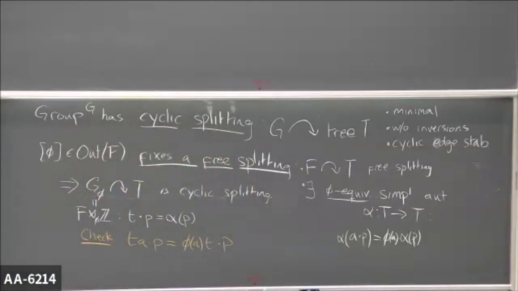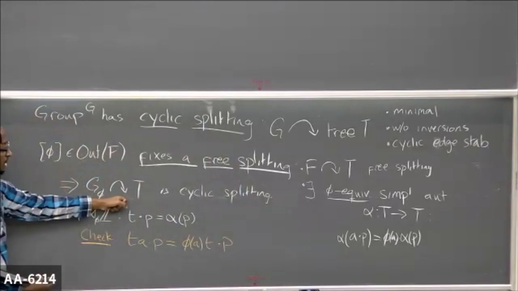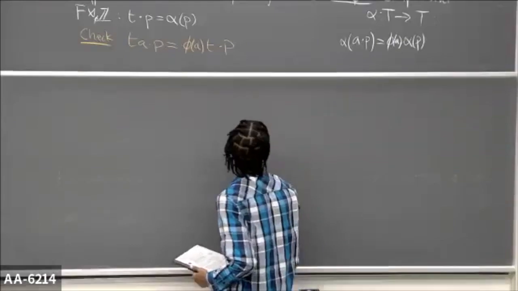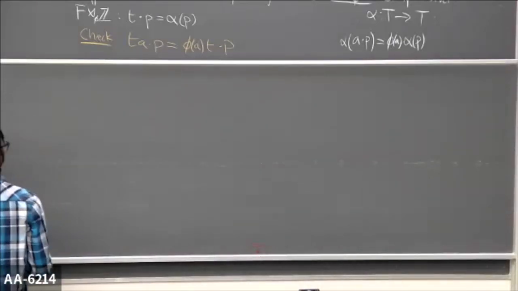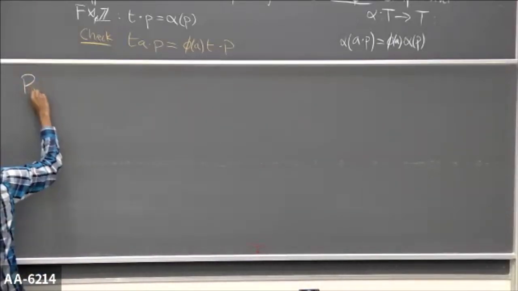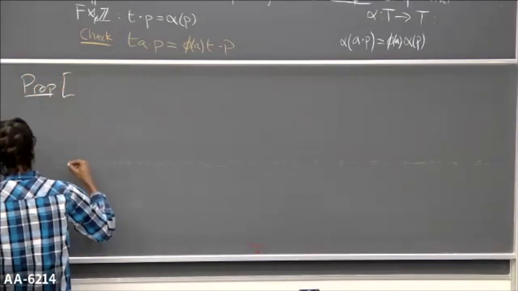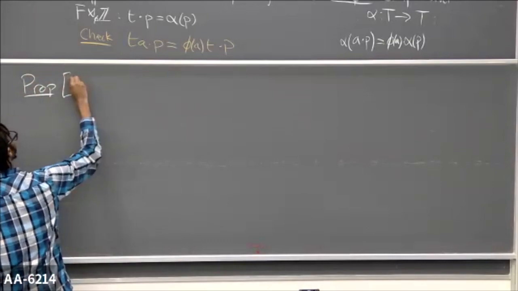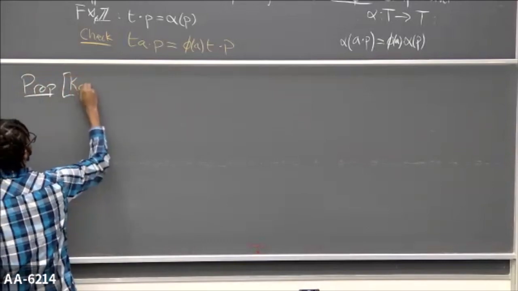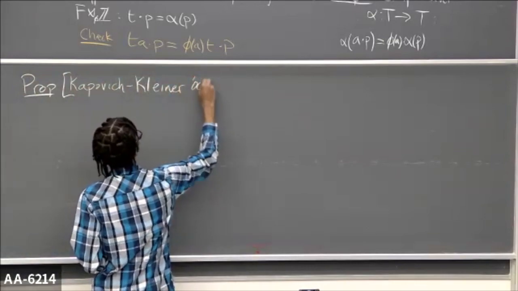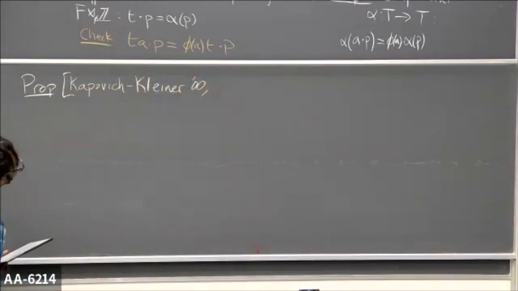So whenever you have a cyclic splitting, a fixed free splitting of an automorphism, then you get a cyclic splitting of your free-by-cyclic group. And it goes the other way as well. So there's a proposition. It's first stated in a Kapovich-Kleiner paper in 2000, where they're interested in atoroidal cases.